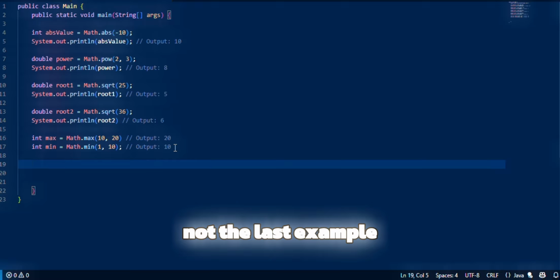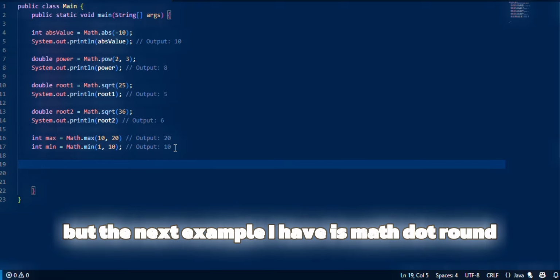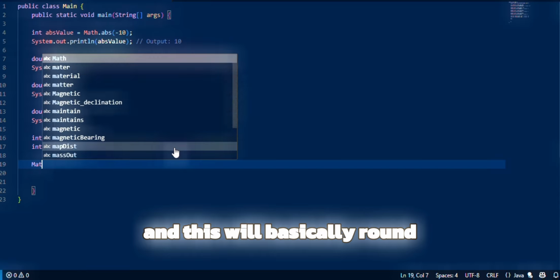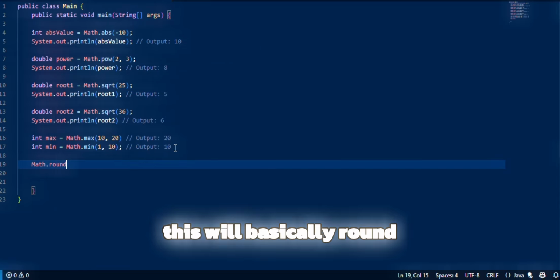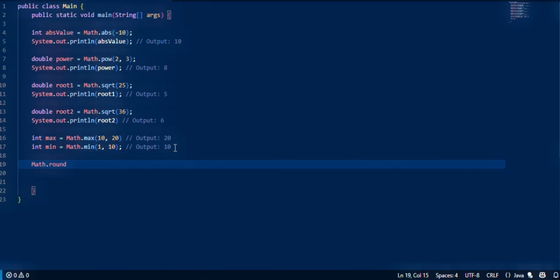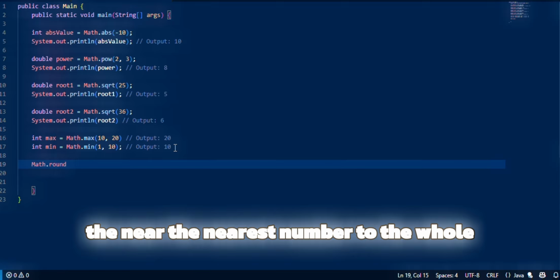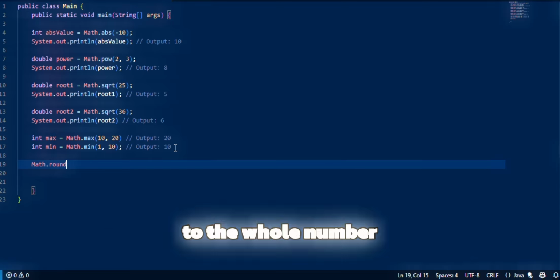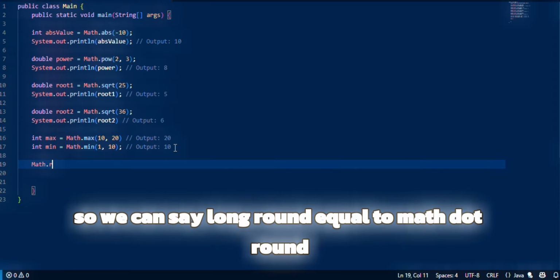And the next example I have is Math.round. This will round the nearest number to the whole number.